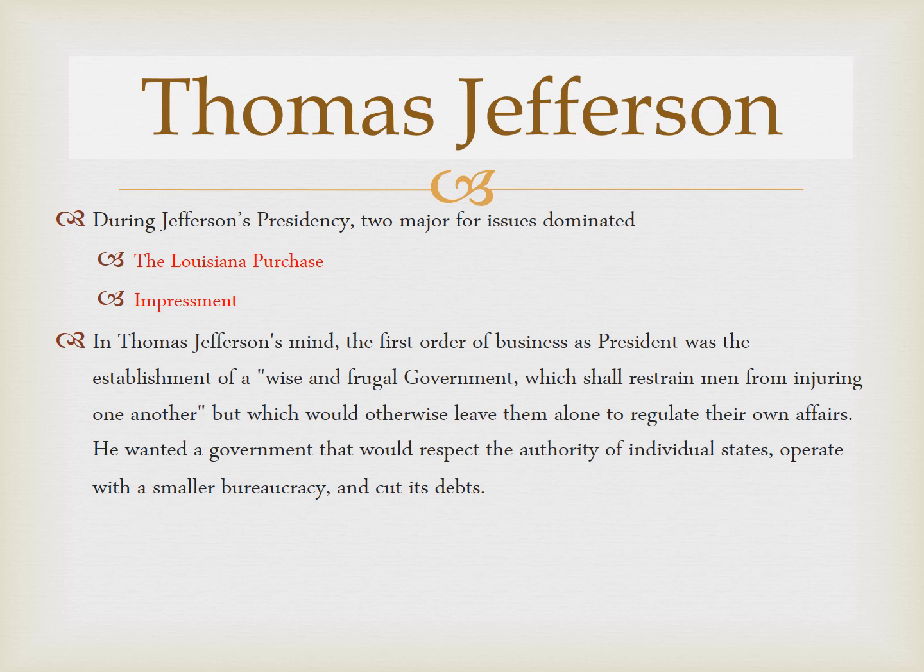But ultimately, that's his objective, is to live within the constraints of the Constitution and to have a government that basically leaves people to their own affairs. He wanted a government that would respect the authority of individual states, operate with a smaller bureaucracy, and ultimately cut its debts, which, as we saw under Alexander Hamilton, debt was something that he thought was good. And Hamilton said that debt is a good thing so long as it's not too large.